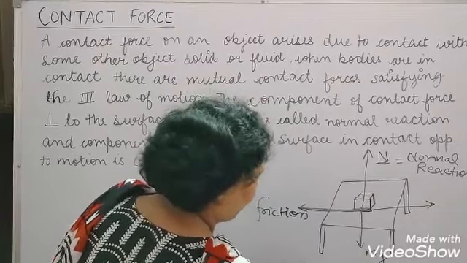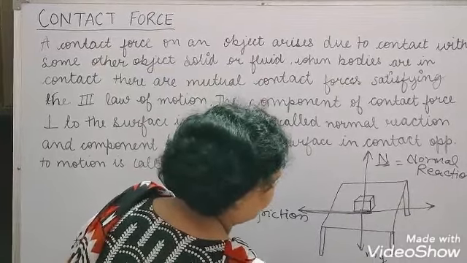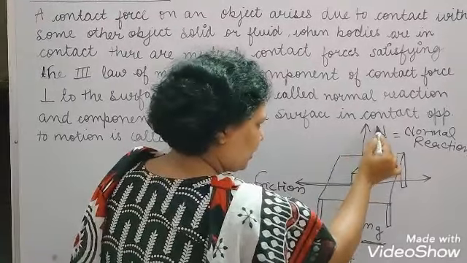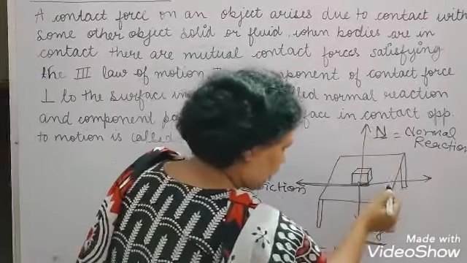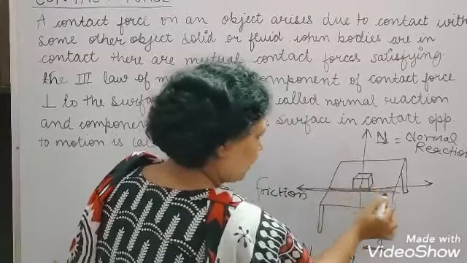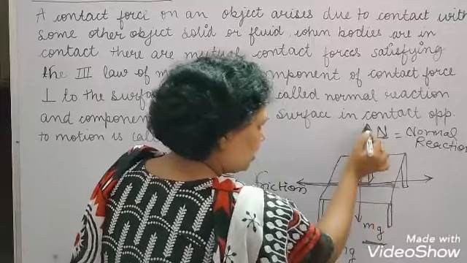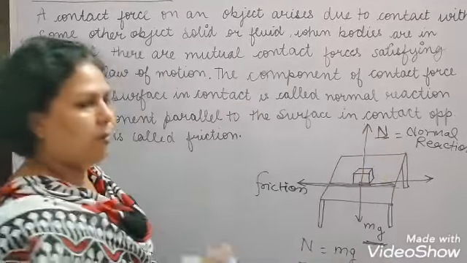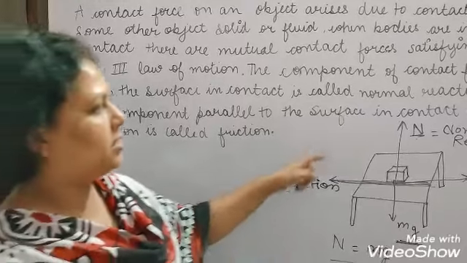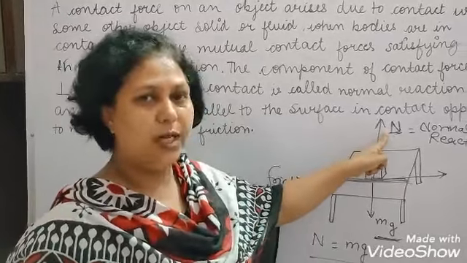So why are we calling this a normal reaction? Because this is the surface, and a force working perpendicular to the surface is called normal. Perpendicular to the surface is called normal only, and that's why this force is called normal reaction.